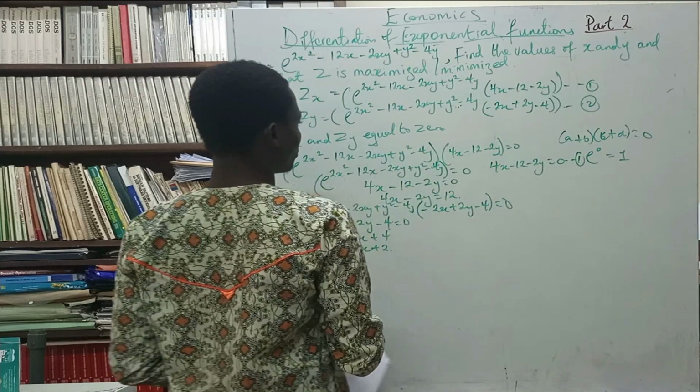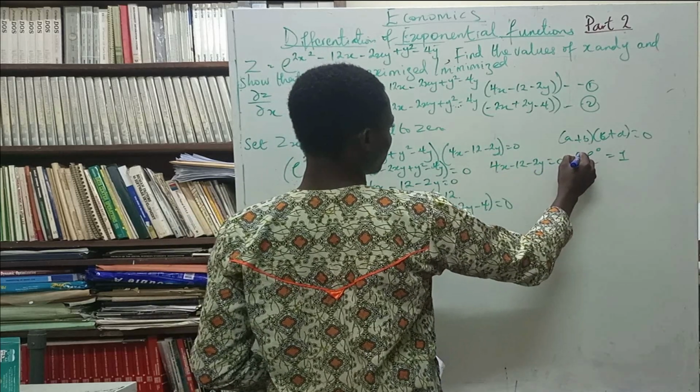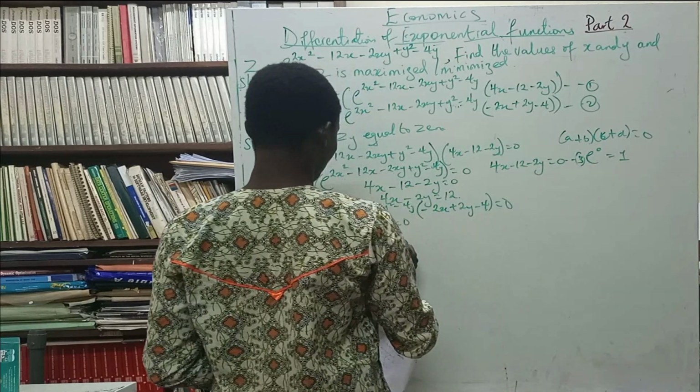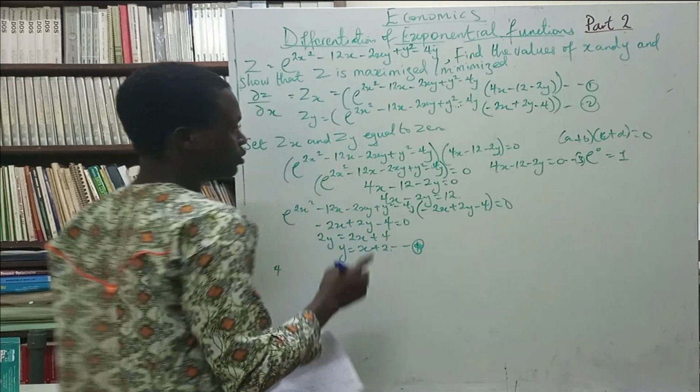When we set this equal to 0, we get equation 3, and this is equation 4. So substitute equation 4 into equation 3.